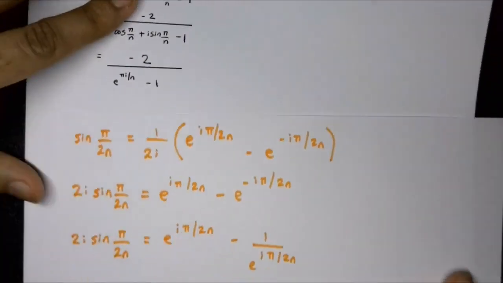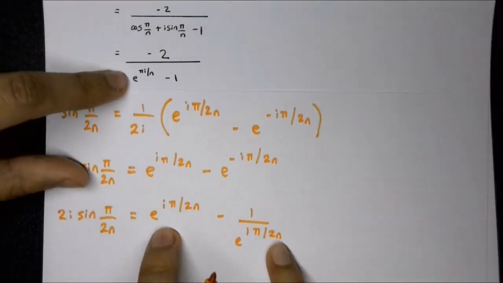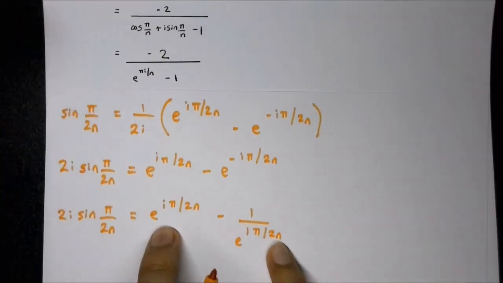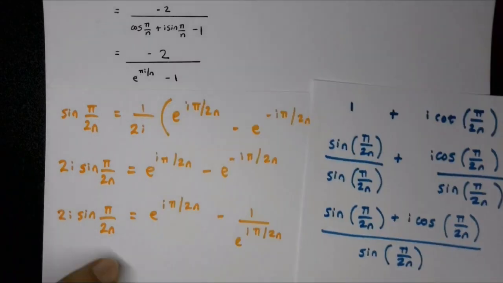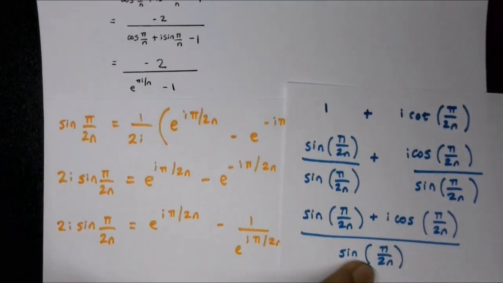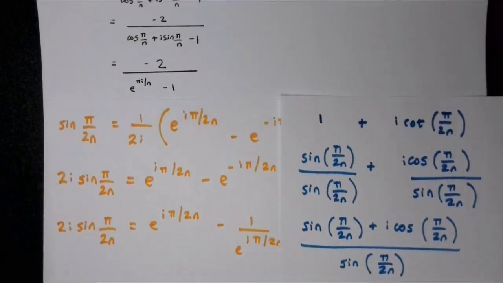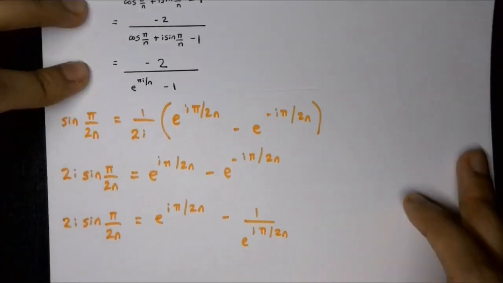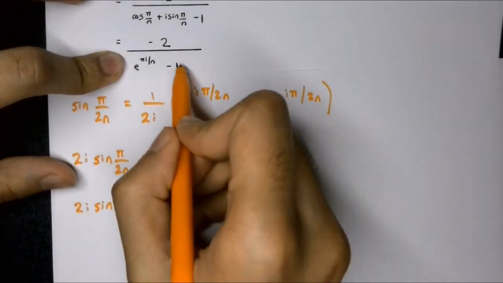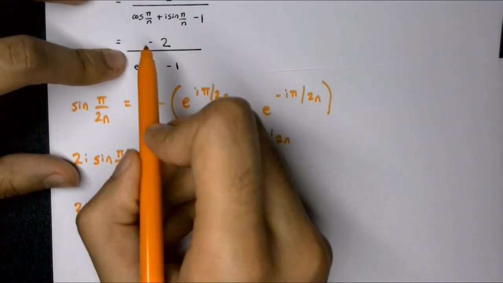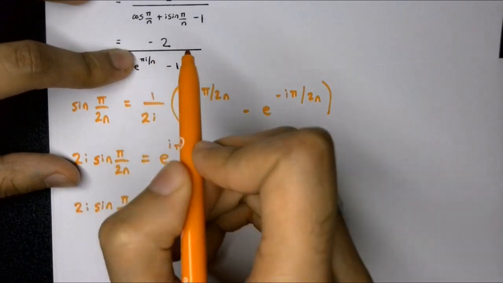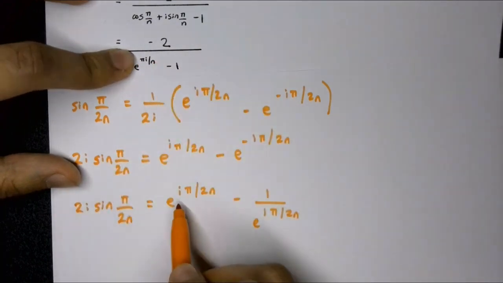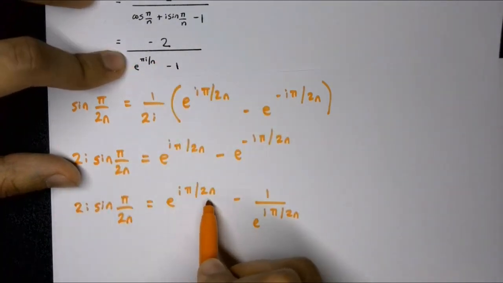And still, we want to make this similar to the bottom over here. And you may recall as well, and it's quite crucial you remember this, we just want the sine of pi over 2n on the bottom. So you'll notice over here we have a minus 1, and here we have an e to the pi i over n. But over here we've got an e to the i pi over 2n.